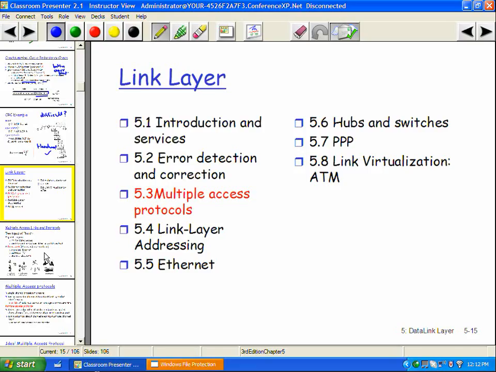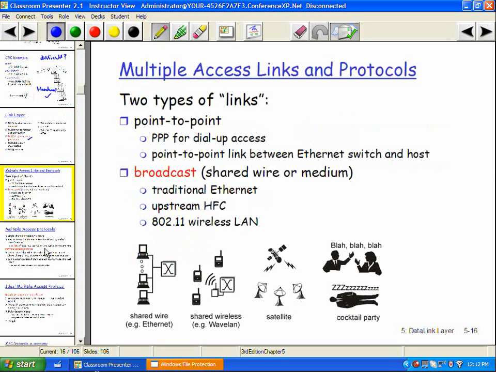Okay, so we will cover one more topic today, which will take a little bit of time, and that is multiple access protocols. Okay, what's the idea? There are two types of links at the link layer. One is point-to-point links. You have your modem. The other end of the modem goes to a wire.